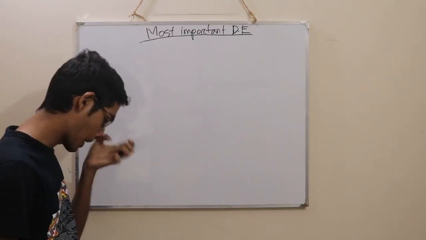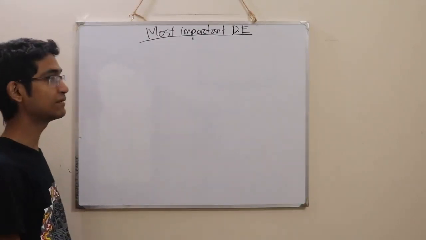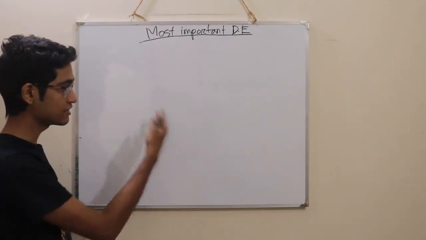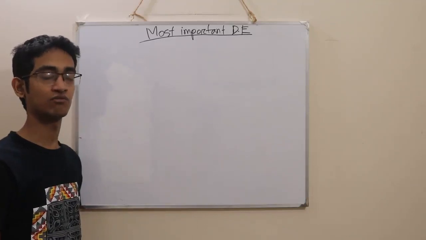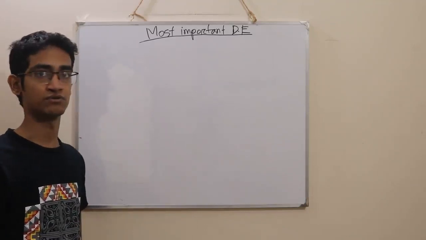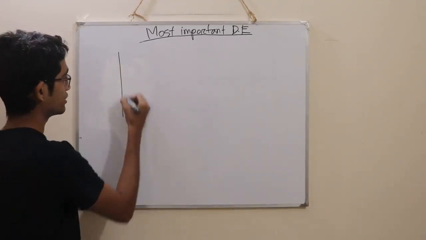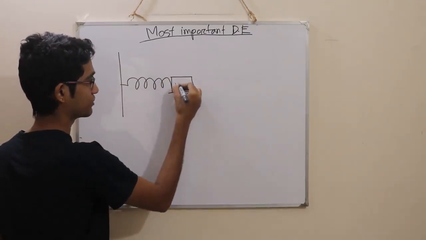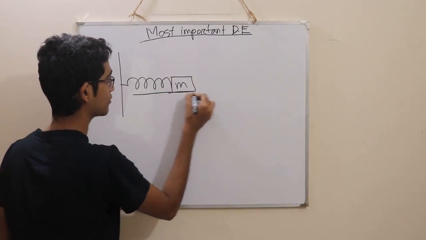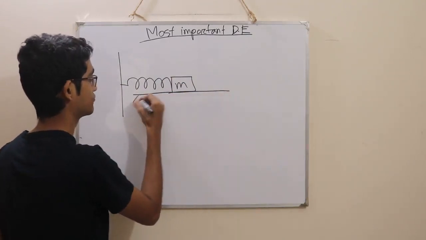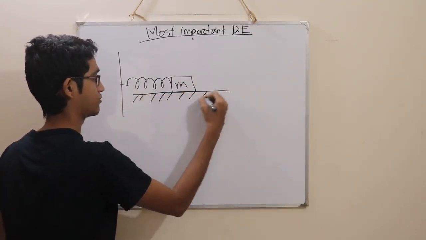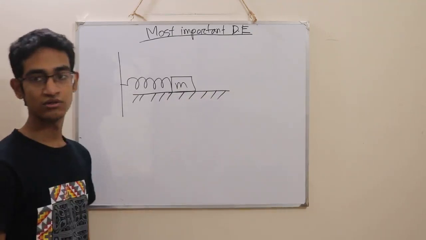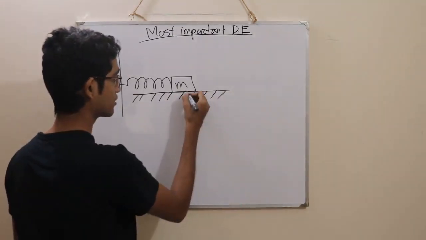So the acceleration will always be towards the equilibrium of the spring. Now let's take a look at a damped harmonic oscillation. The first example of oscillation that we took a look at had no damping force. Now consider a spring with a body connected to it, and this body is sitting on a surface that has friction.